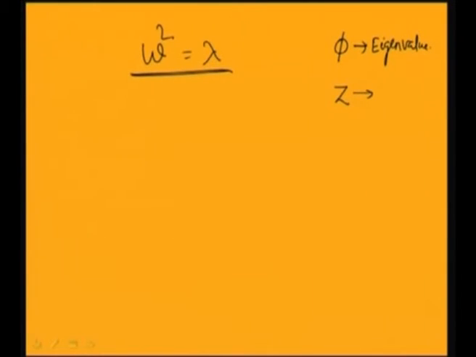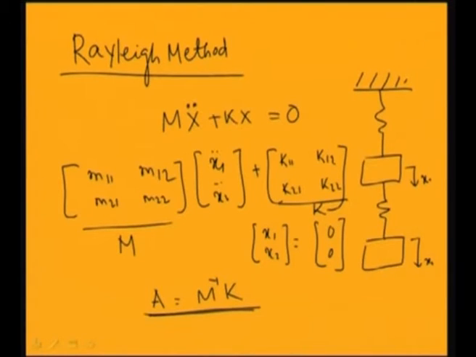So for the ith mode, it will be k phi I equal to omega I square m phi I. For the ith mode this equation will be satisfied, because I am assuming x to be harmonic.